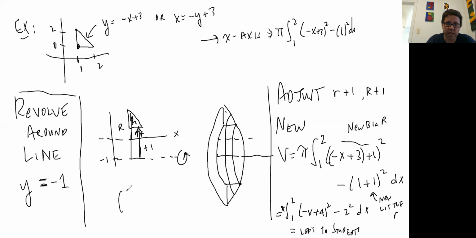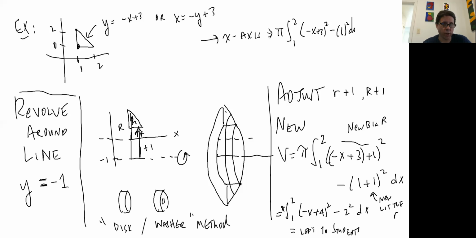If you take a disk and knock a hole in the middle of it, then it's not a disk anymore. It's a washer. So this section is actually called the disk or washer method for doing that volume. And it's just the big R minus the little r. Once you determine what the big R and the little r are, then you're going to be in good shape.